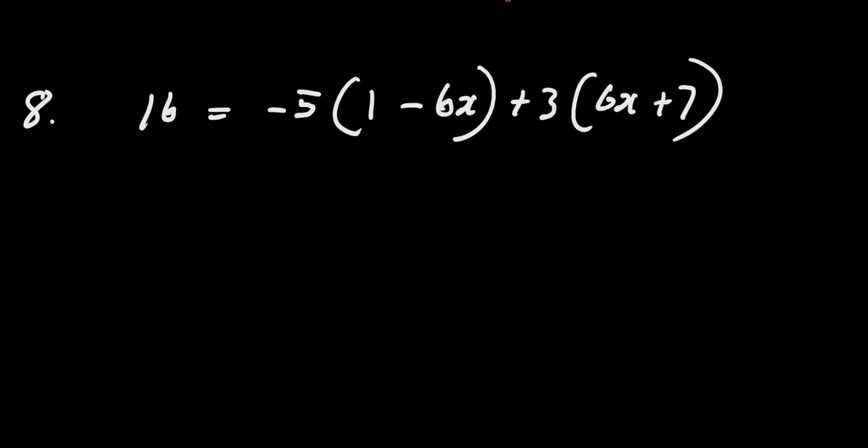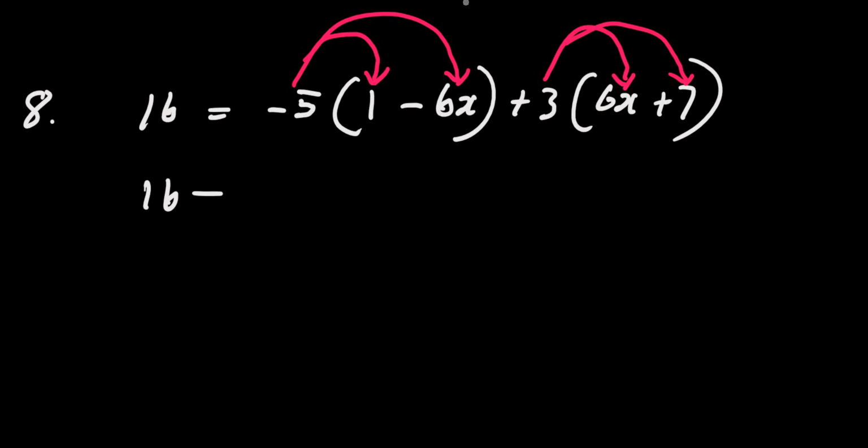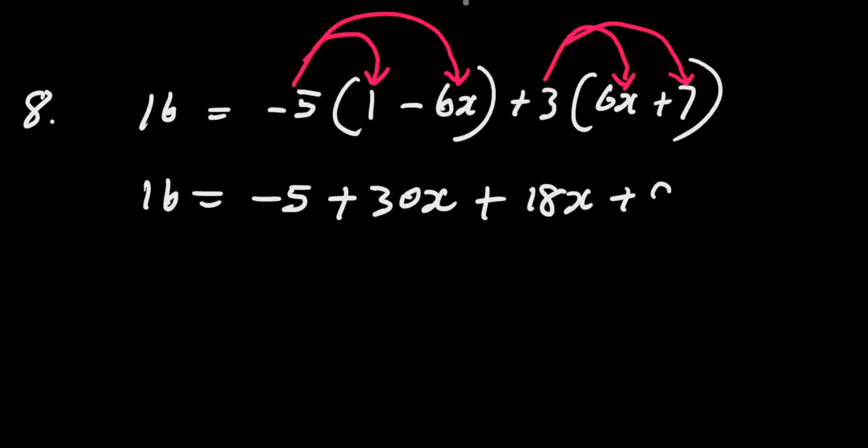The first thing is to clear the parentheses, and we do that by distributing all the values before the brackets. Distribute this and also distribute positive 3 into each term of the parentheses. So this will become 16 equals negative 5 times 1 is negative 5. Negative 5 times negative 6x is positive 30x, plus 3 times 6x will give us plus 18x, plus 3 times 7 gives us plus 21.